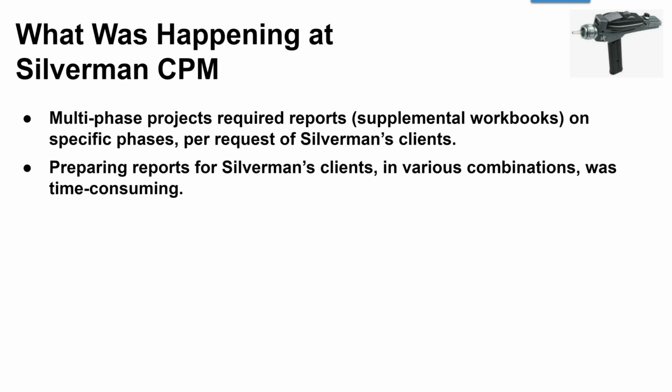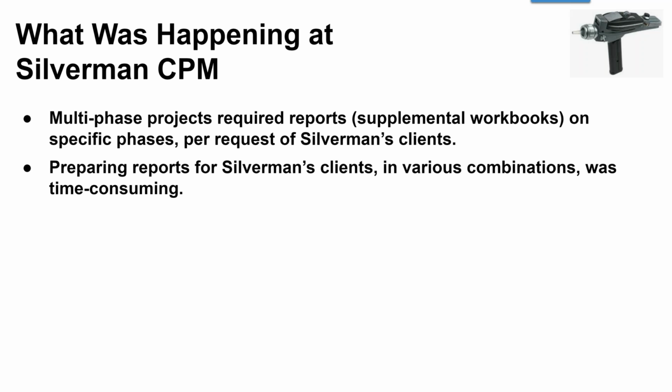Now, in the area of reporting, they have some very specialized reporting for the clients. Multi-phase projects increase the complexity of that reporting component, especially when the client asks for variations on those specific combinations. As we mentioned earlier, Silverman has been using BFA supplemental workbooks quite extensively over the years.